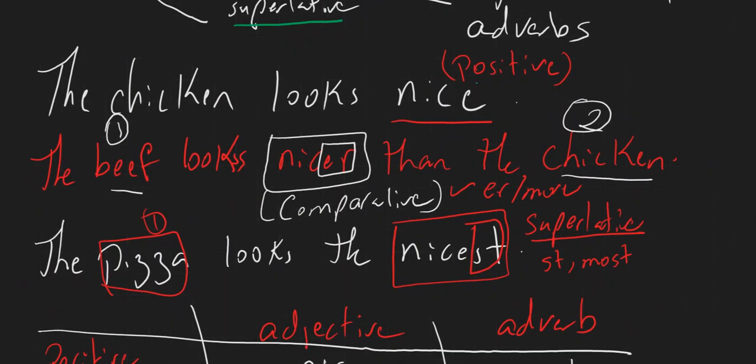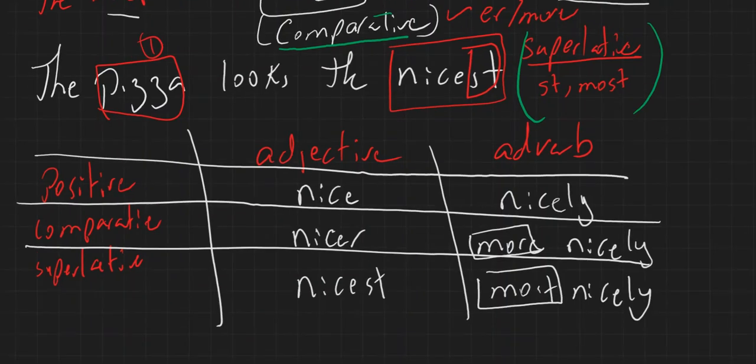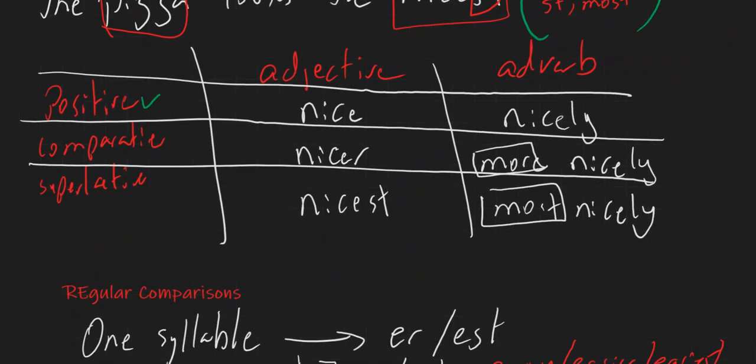This is positive form when there's no comparison. If we're comparing two things, two ideas or two people, then we use the er or more to show a comparative relationship between them. If you're comparing more than two, three and more, then use the superlative form with an st or most added to the adjective or adverb. And we said there are three types. You have the positive, no comparison, comparative for two, and superlative for three plus.